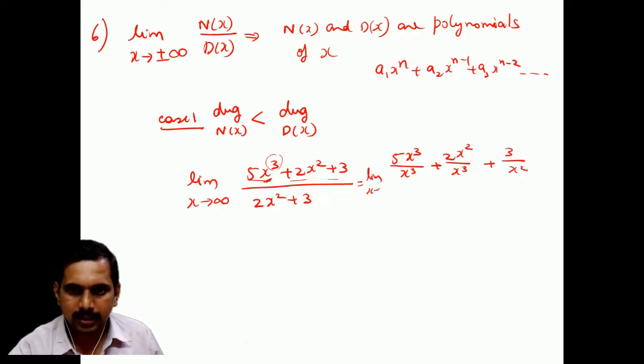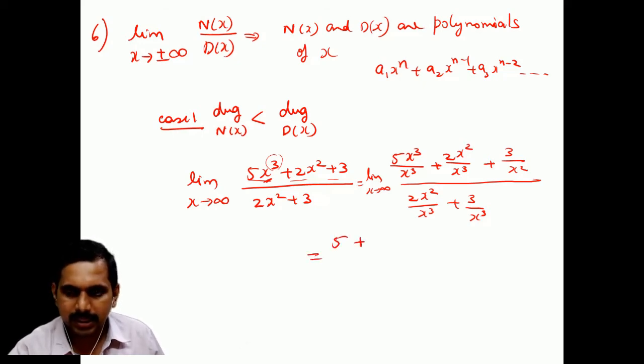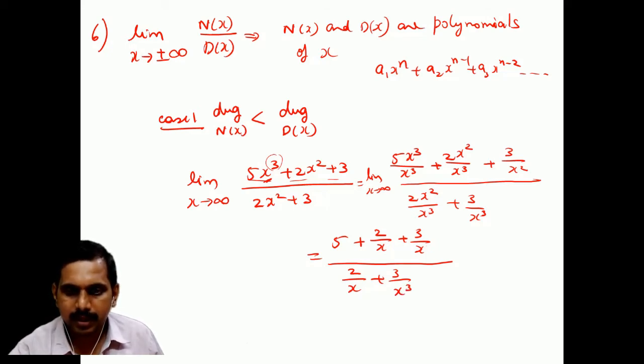Limit x tending to infinity, divided by 2x square by x cube plus 3 by x cube. So what you get here is 5 plus 2 by x plus 3 by x square, divided by 2 by x plus 3 by x cube, right?